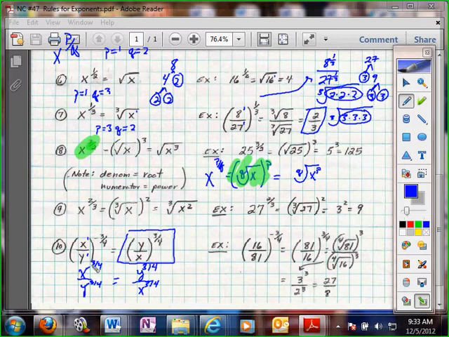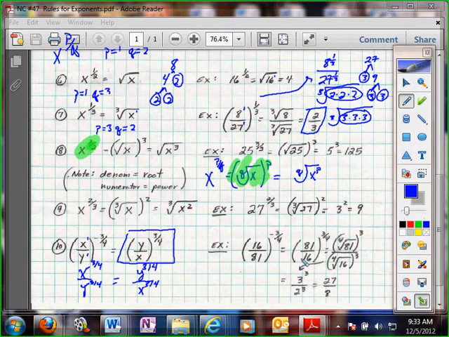Or you could just skip these two steps and go from, if I have a negative power, I could just flip my fraction inside and make my power positive out there. It's the same thing. So I went from x over y to the negative 3/4 to y over x to the positive 3/4. Here's an example of that property. I have 16 over 81 to the negative 3/4, which is 81 over 16 to the positive 3/4.